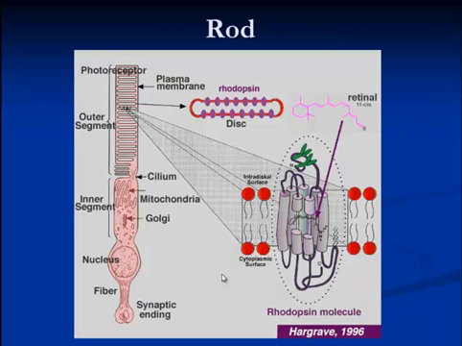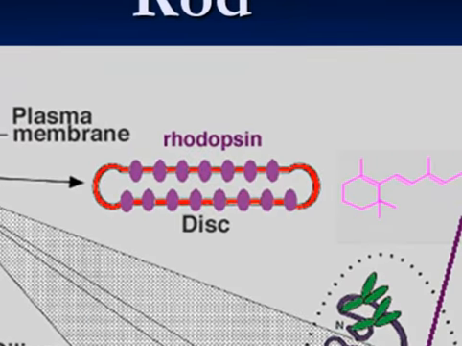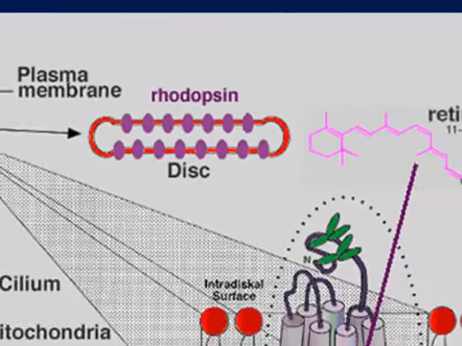Let's take a look at a rod here. A rod is a modified neuron, and it has the nucleus and the mitochondria and everything, and it also has these stacks here, which have chemicals in them. And one of the chemicals that is responsible for transduction, that is sensitive to light, is a molecule called rhodopsin, which is made of opsin and retinol.